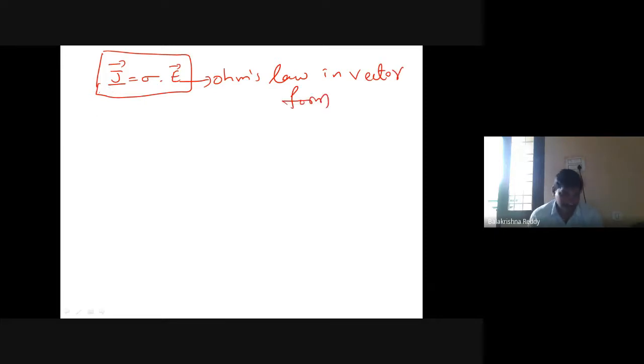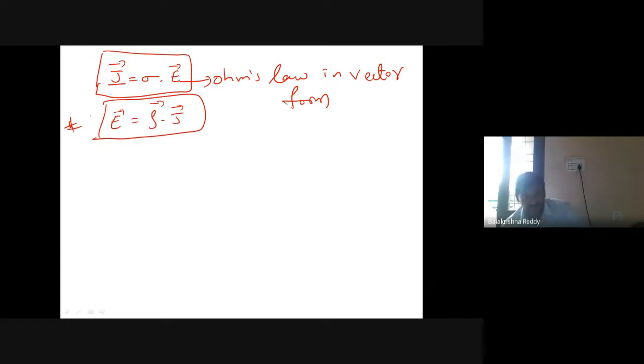Of course, before going to this, you have the relation E equal to rho into J. How did we get this is your question. Before that, we have the general Ohm's law, V equal to I into R. Now I want to relate this.